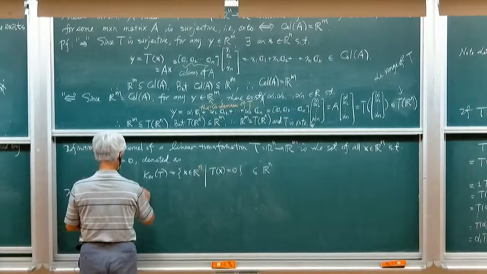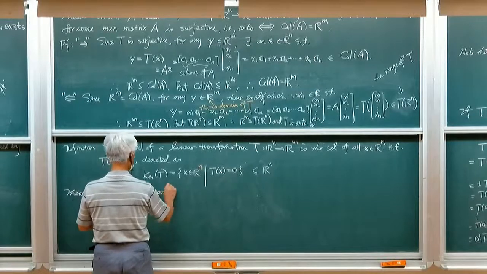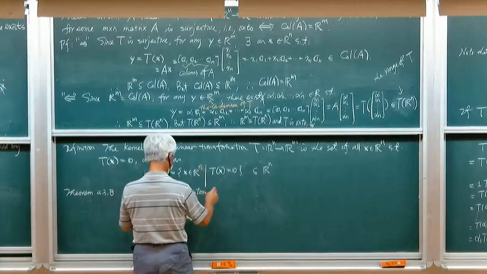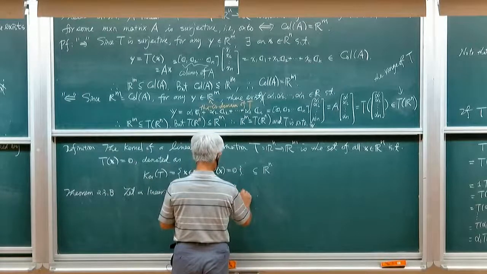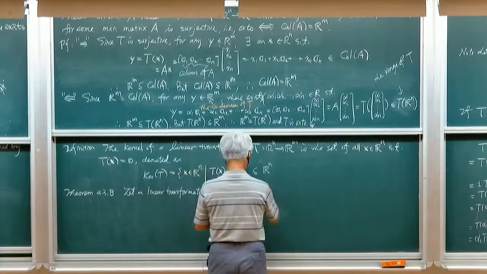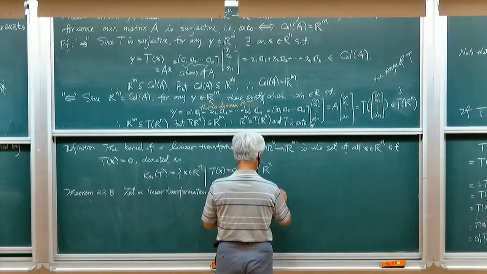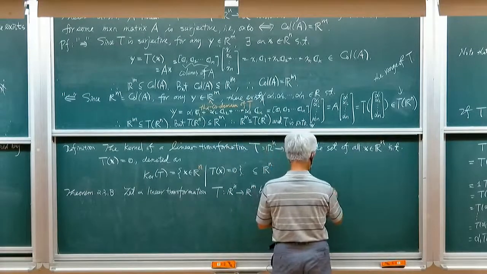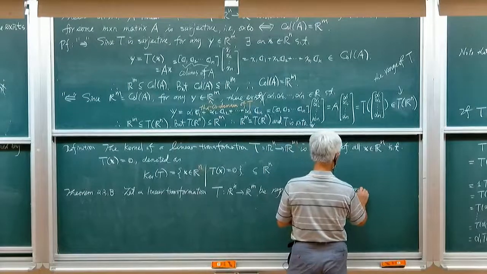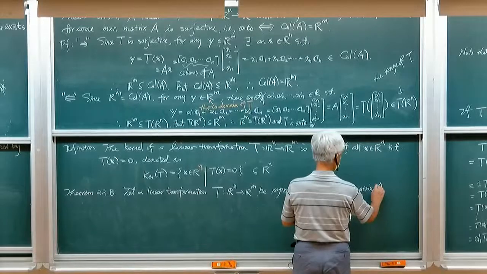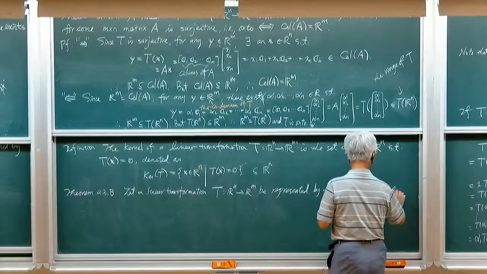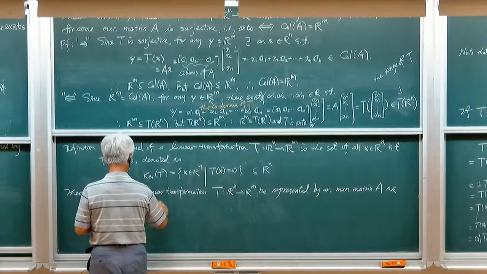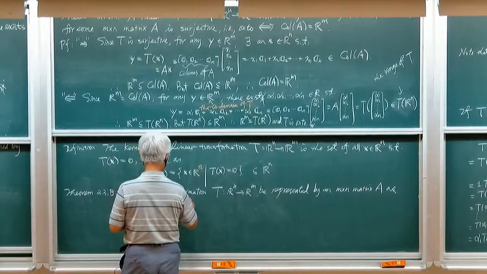Let a linear transformation T from R^n to R^m be represented by an m times n matrix A as Tx equals A times x for all vectors in R^n.